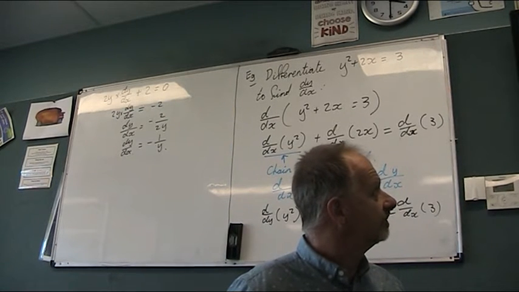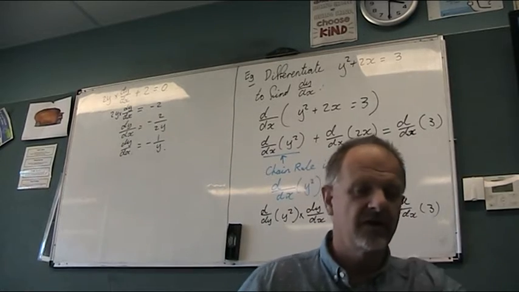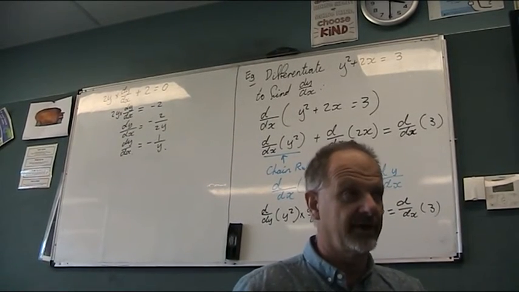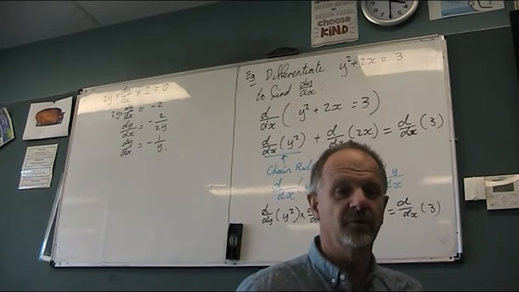All right, so you can do that in your calculator, and on the SAC there'll certainly be parts that you'll use the calculator for. Won't be doing it all by hand.